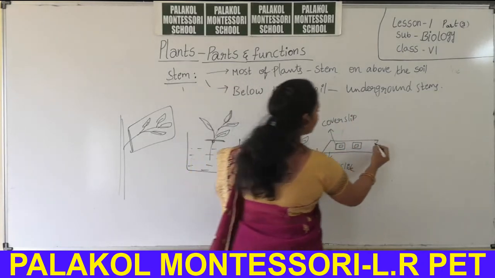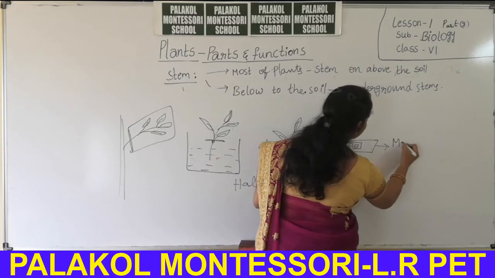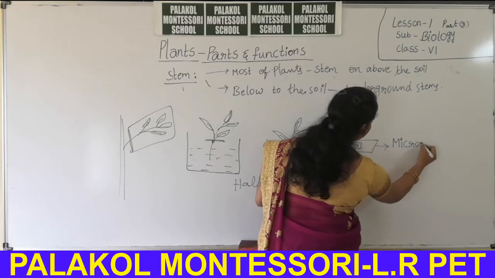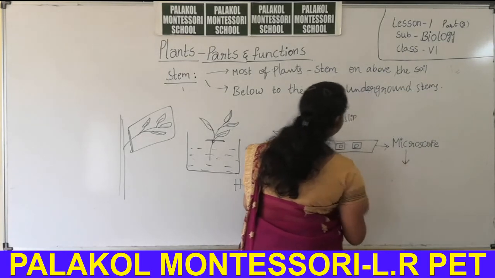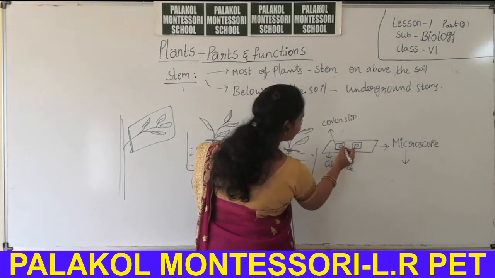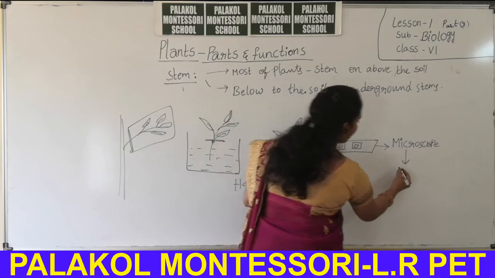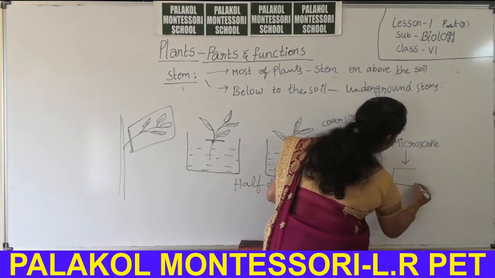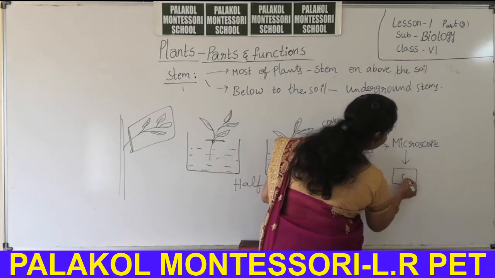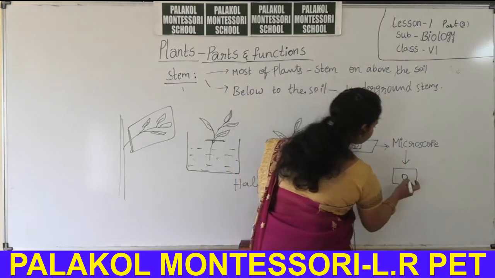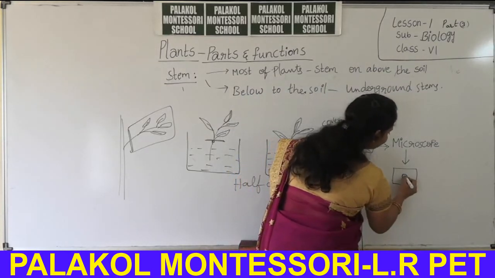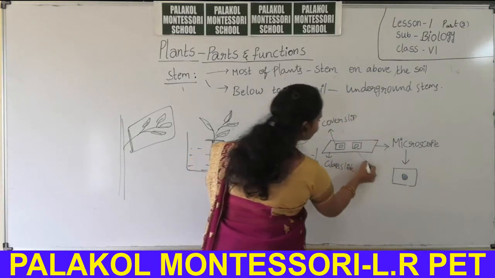Then you have to observe under the microscope. You should see that the piece of stem has a circle in the center, and in that center a colored ring is observed for this piece.